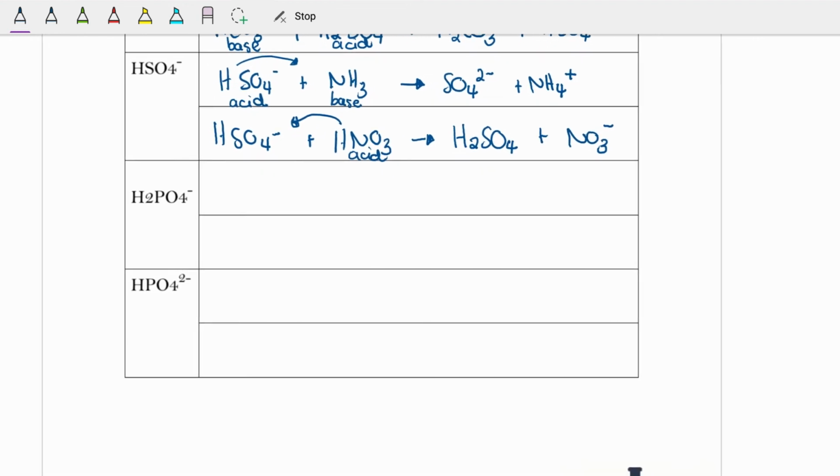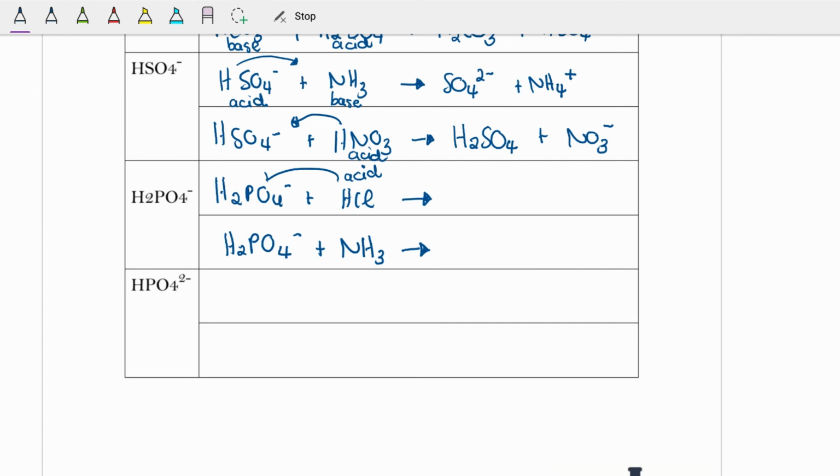Then H2PO4 minus. If I add hydrochloric acid, what will form? And if I add ammonia, what will form? So for this example, this is your acid.